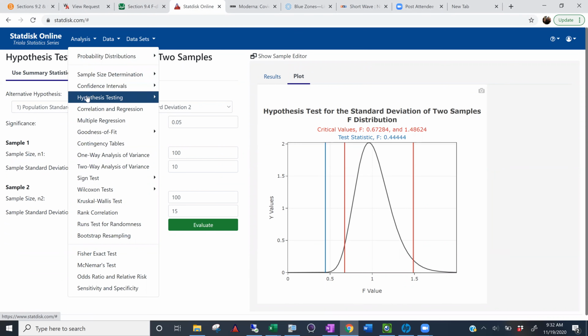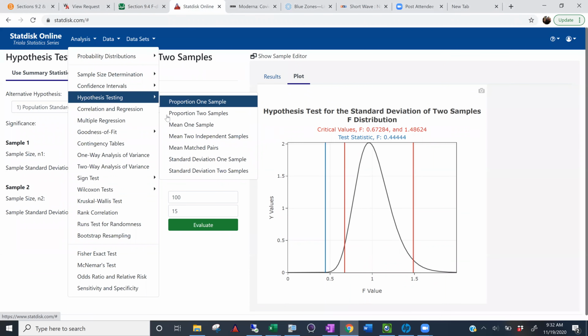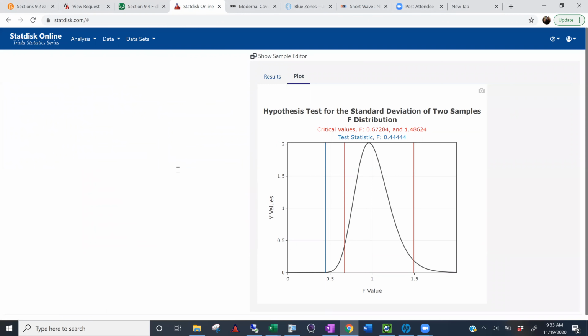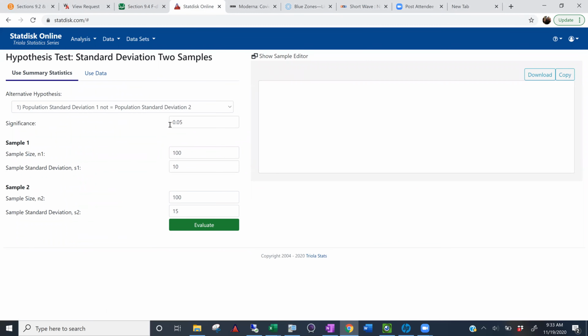Analysis, hypothesis testing, standard deviation 2 samples. Not that I'm not already there, but I just wanted to go through it just once for grins. All right. Now, as typical when we're working with hypothesis tests, the first thing we're going to do is adjust the alternative hypothesis.